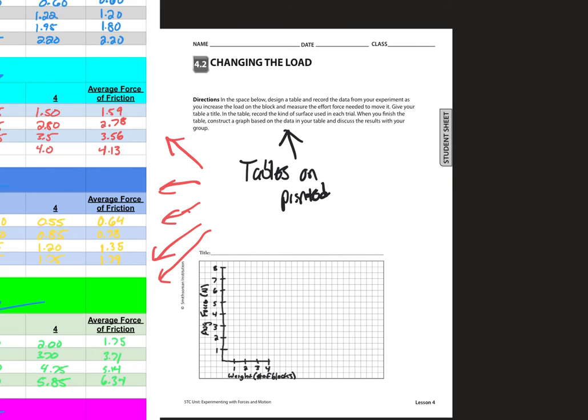So our title for the graph is simply our x-axis versus our y-axis. So it's going to be number of blocks versus average force.